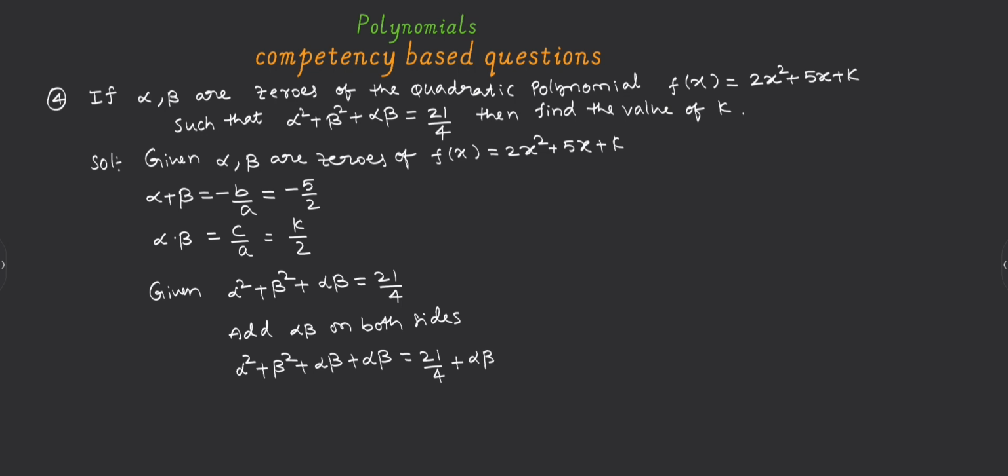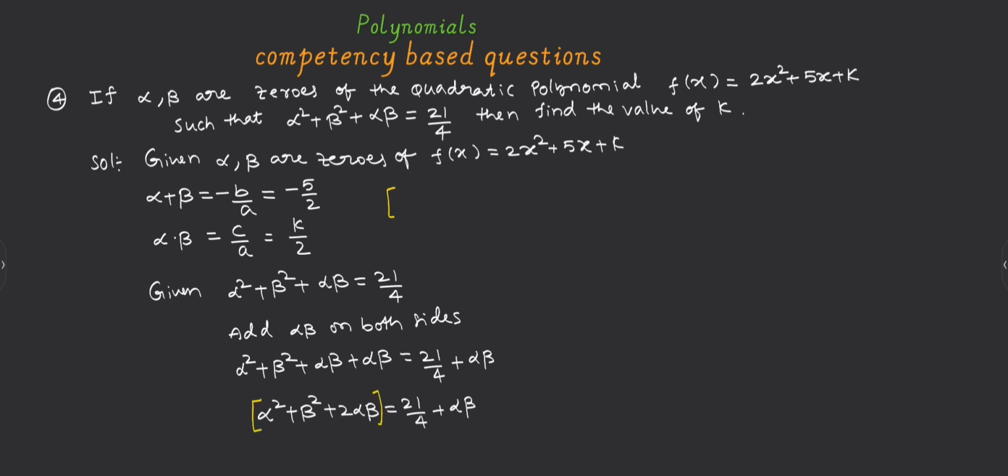Then the left side becomes alpha square plus beta square plus 2 alpha beta. Now you can observe this is in the form of a square plus b square plus 2ab.